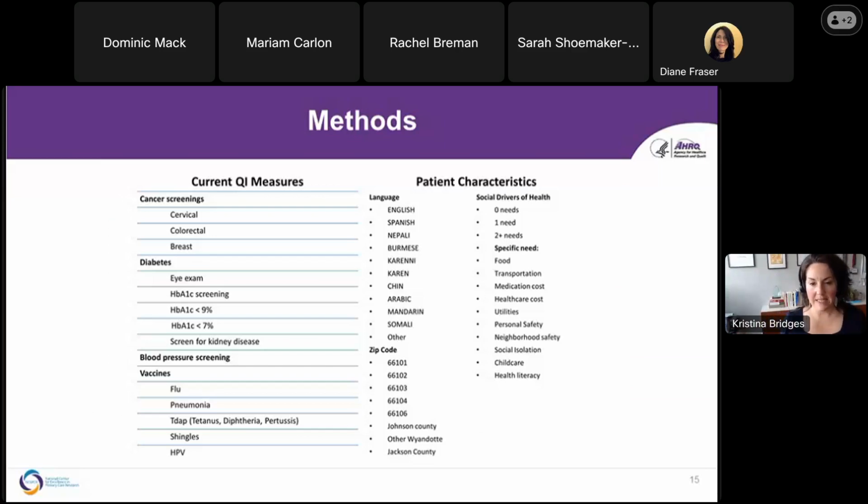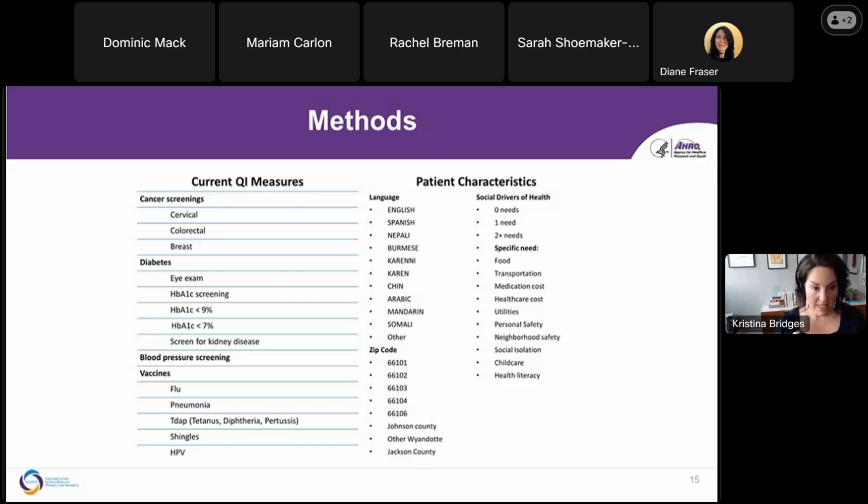So we accessed all patient records for each of these metrics and then recalculated the percentage stratified by patient characteristics. On the right side of the screen, you can see, in addition to race and ethnicity, we looked at language. We have English and Spanish, our largest language groups, and then patients representing other languages, and zip code. The University of Kansas Medical Center is right on the state line between Kansas and Missouri.